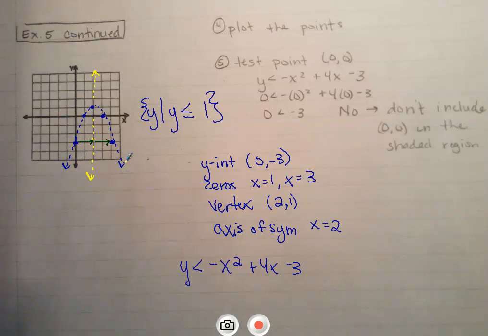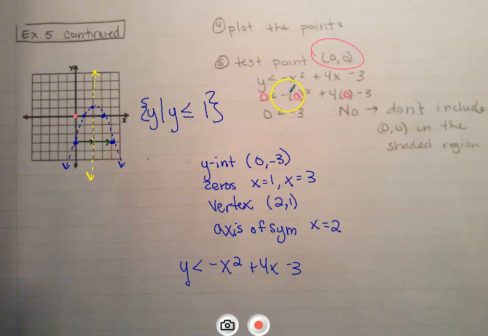Okay, now some test points. I went ahead and picked 0, 0 as my test point. It's always the easiest if it does not fall on your function. Okay, so I picked 0, 0, which means I'm going to plug 0 in for the y, and I'm going to plug 0 in for all my x's, and see if it comes out right.